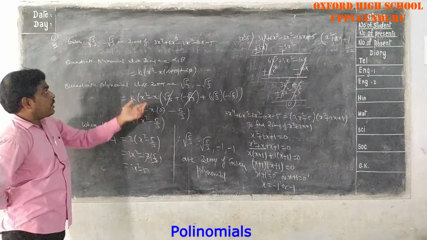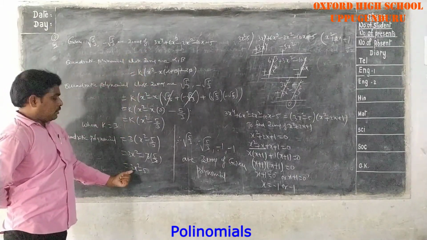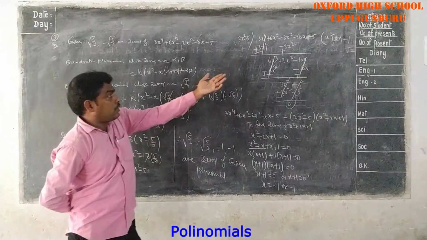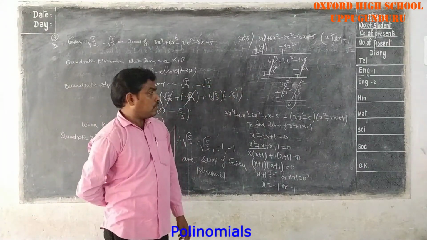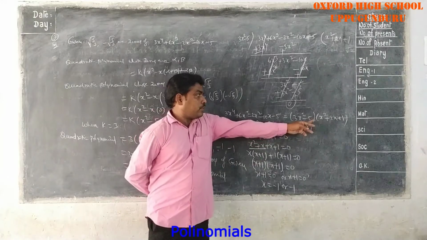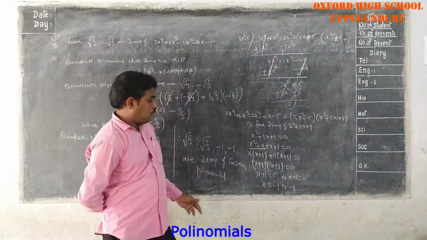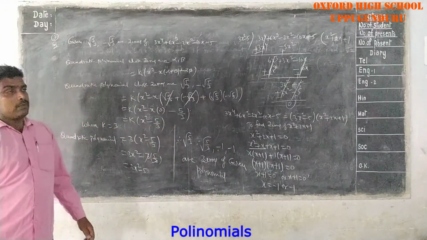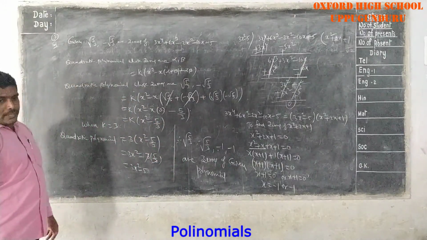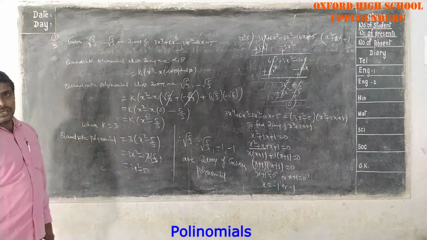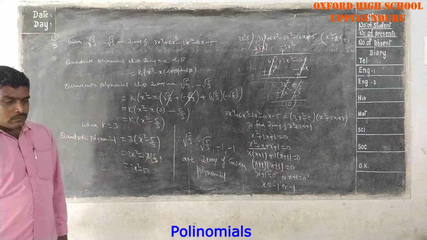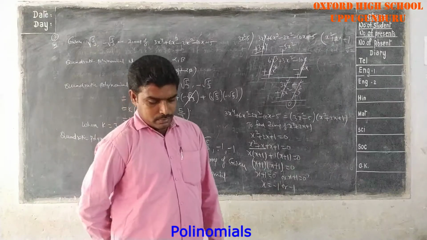After that you have to divide this degree 4 polynomial by the degree 2 polynomial. You will get another degree 2 polynomial as quotient. You have to find the zeros of that quotient. You will get the remaining 2 zeros. So in this way you can complete this problem. So example 11 and this problem you have to do in the same manner. So this is about the third problem.